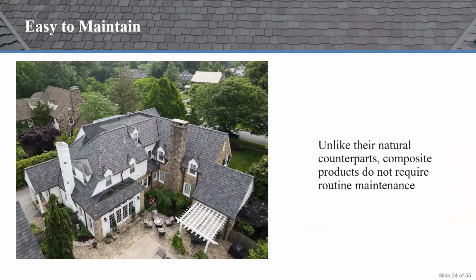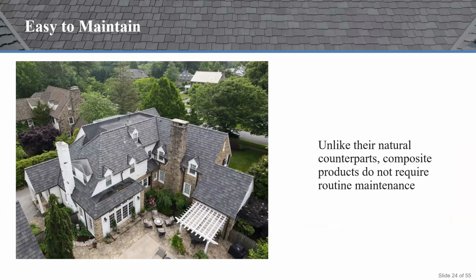We'll talk a little bit about maintenance. So, unlike their natural counterparts, composites are going to require virtually no maintenance. There really is no maintenance with these products other than taking a quick visual at the roof, making sure your gutters are clean, and just making sure that your valleys are clear of debris and organic matter.